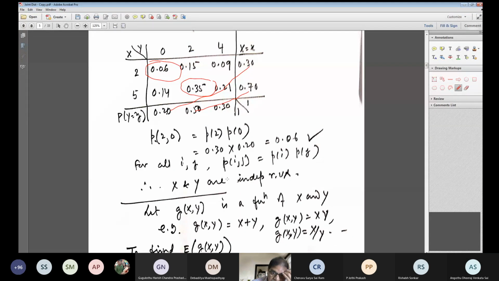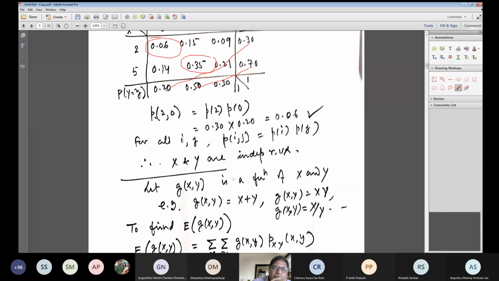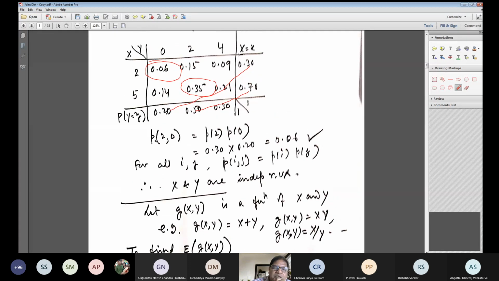If they are not independent, I will come to another example to show you. If any one of the conditions is violated, then we cannot say that x and y are independent. If they are not independent, they will be dependent, and if they are dependent, then we measure their correlation.